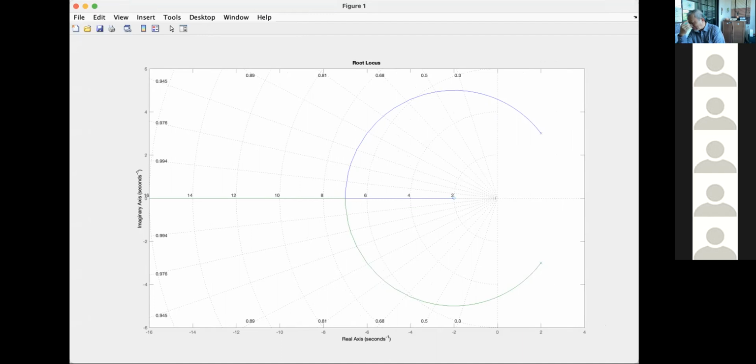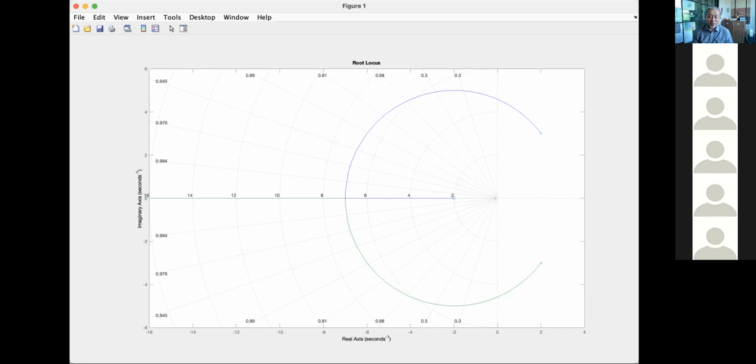Your comments. You want to be an engineer, right? You must have the confidence to comment on the graphical plot. Yes, sir. I think the point is on the right hand side. That's all. Thank you very much.